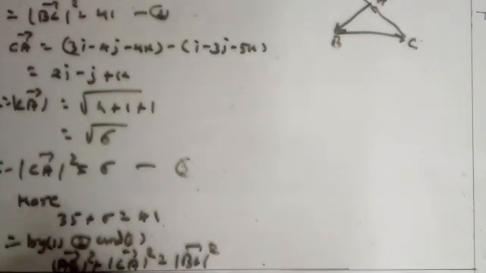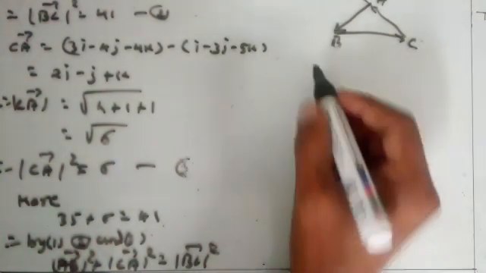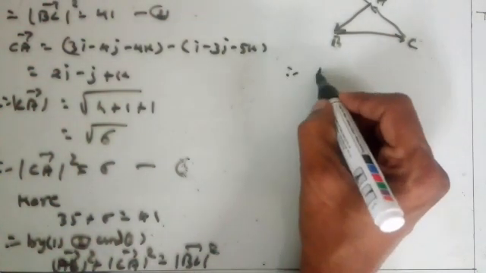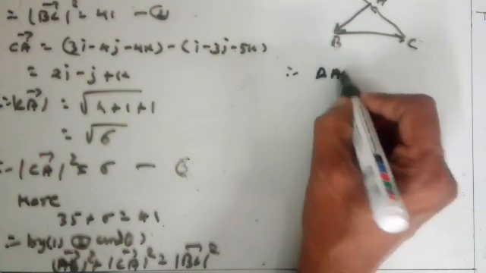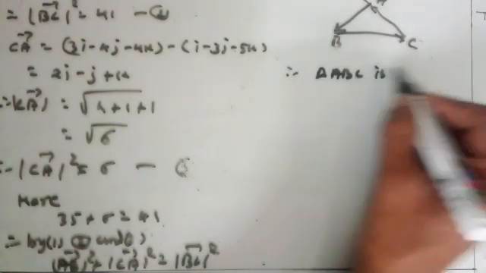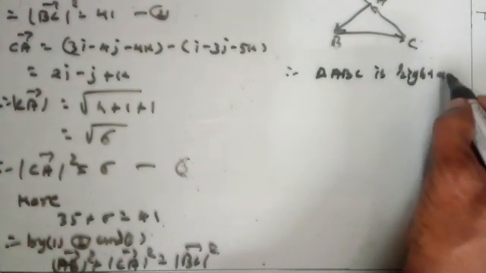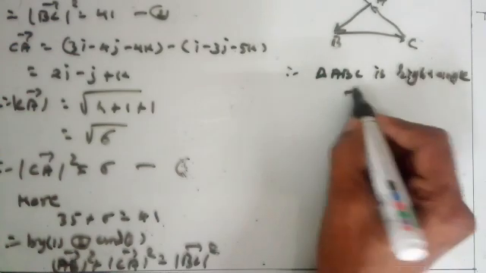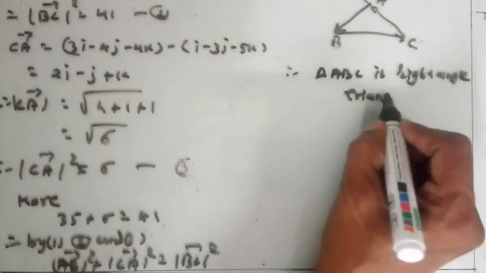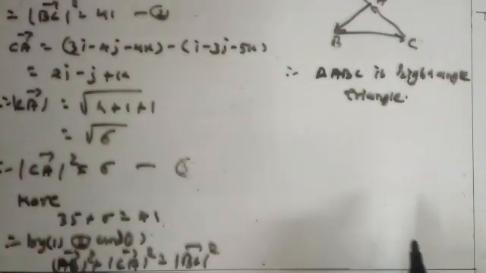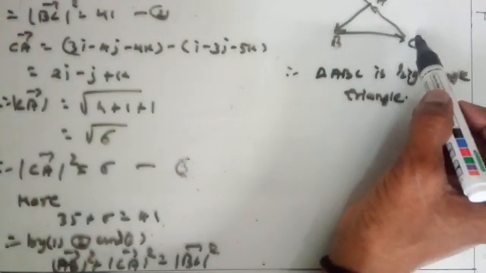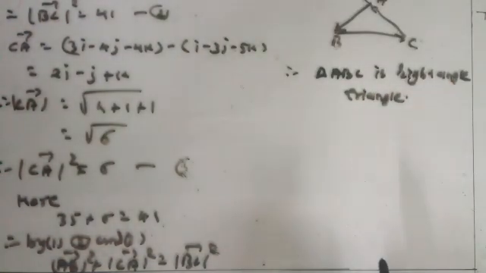Clear? Here mod of AB square plus mod of CA square is equal to mod of BC square. Therefore, we say that triangle ABC is a right angle triangle. Clear? Or A, B, C are vertices of a right angle triangle. Okay.